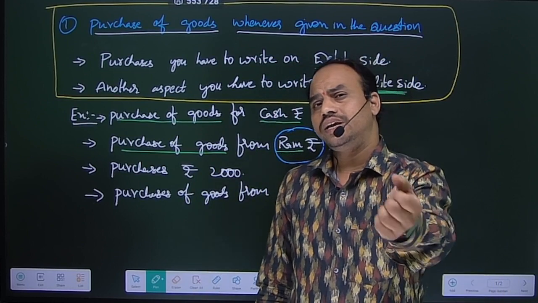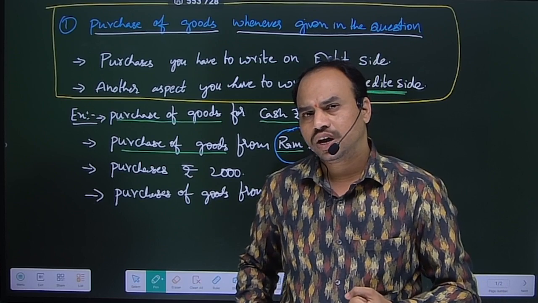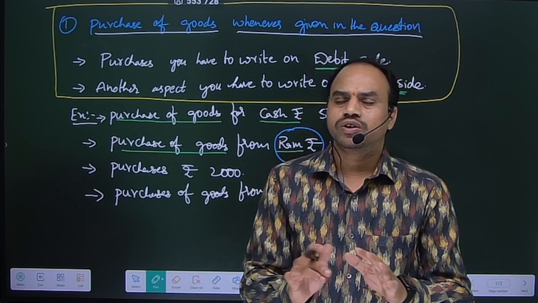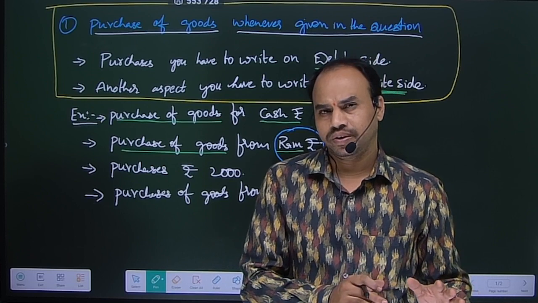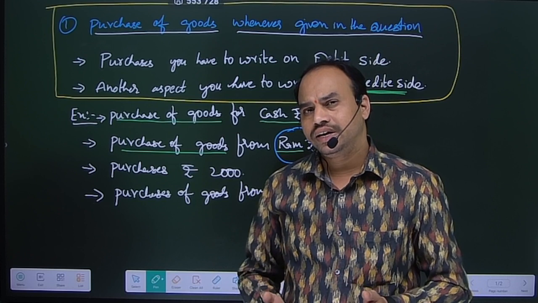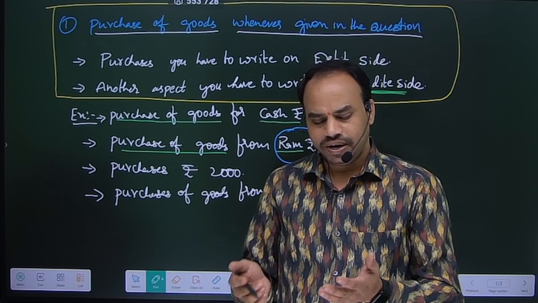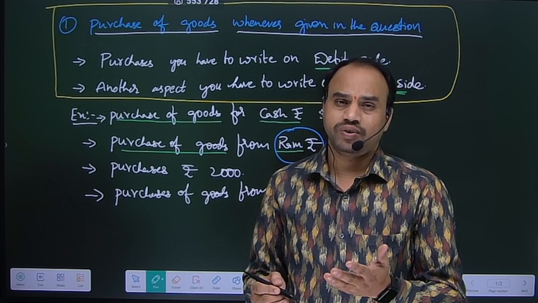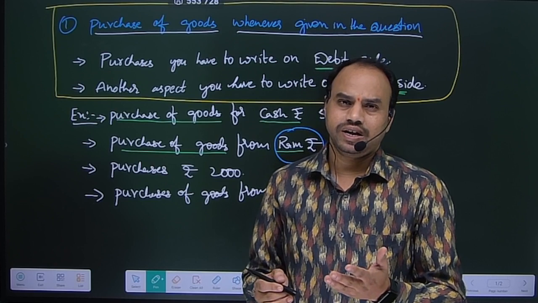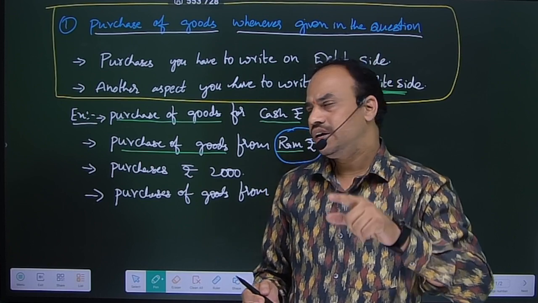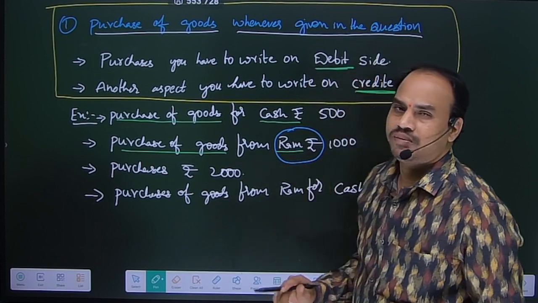If you purchase any item from that shop by paying cash, he will not write your name in his notebook. If you purchase any item on credit, immediately he will write your name in the notebook. Why? Because he will forget. That's why he writes immediately. So remember, whenever we purchase goods for credit, we write the name, otherwise we will not write.